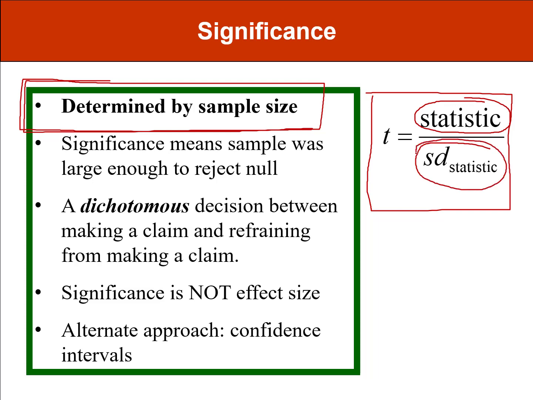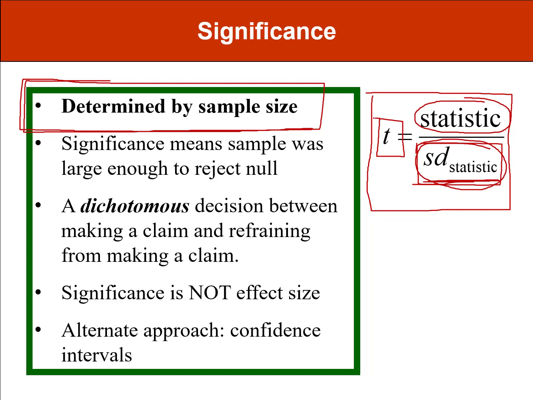Now recall the key thing that determines the size of the standard error of a statistic. Recall that the standard error of a statistic is determined primarily by your sample size. If you have a large sample, well, then your standard error of a statistic is going to be a very small value. And if you have a small sample, well, then your standard error of a statistic will be a very large value. So that means the t-value is something that's to a large extent determined by your sample size.